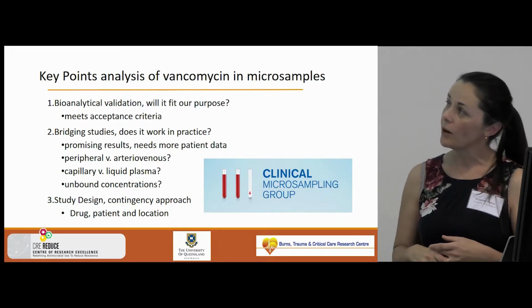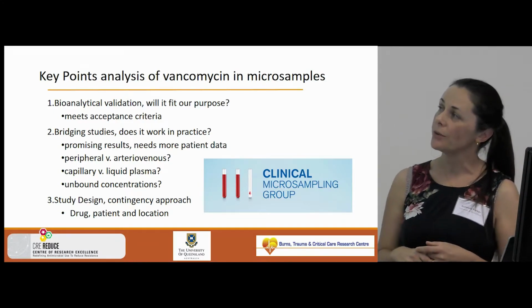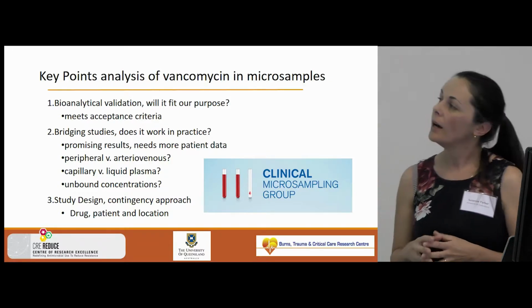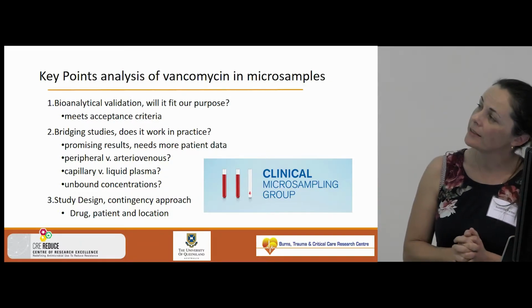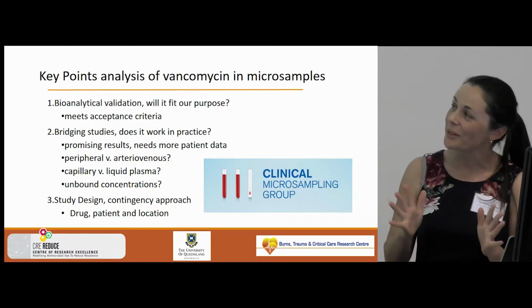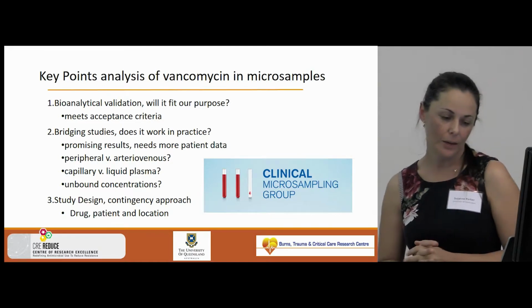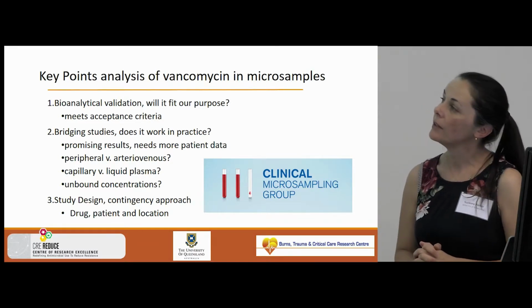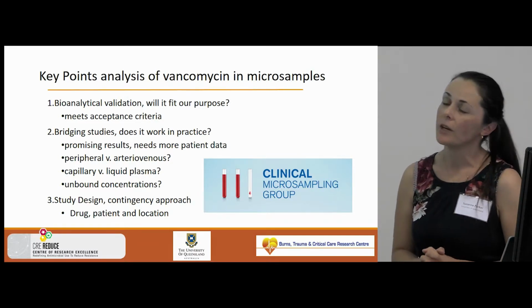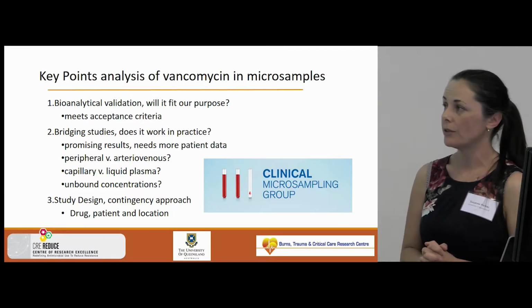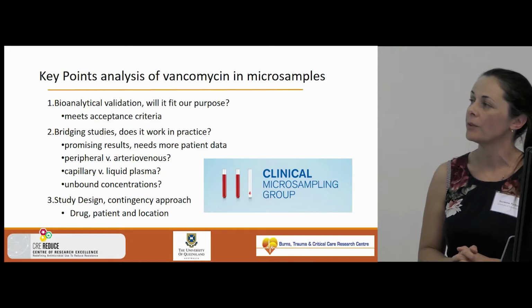We can also do vancomycin in whole blood on VAMS and vancomycin in plasma on VAMS. For our bridging studies, we've got promising results. They're very early. We definitely need more patient data. It will give us information on our peripheral versus arteriovenous sampling. It'll also give us information on our capillary versus liquid plasma sampling.